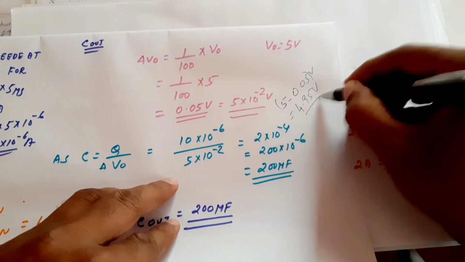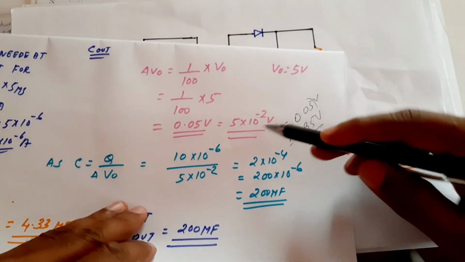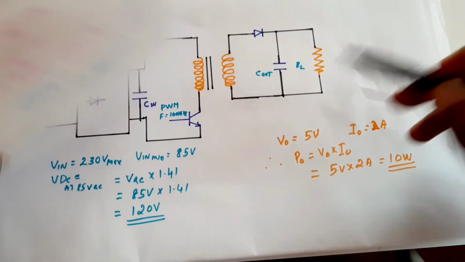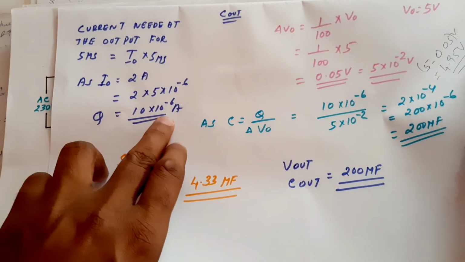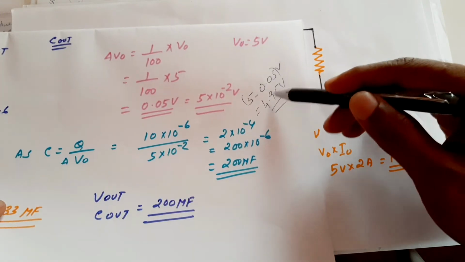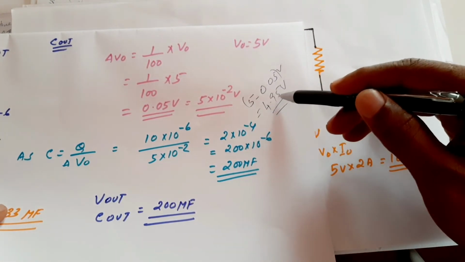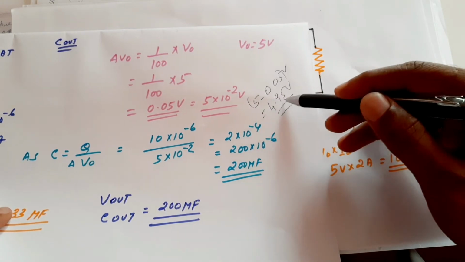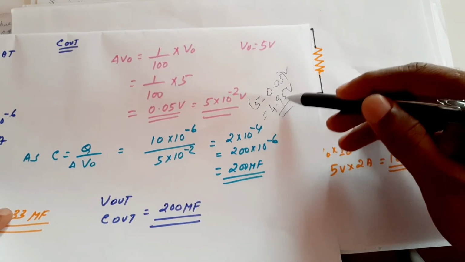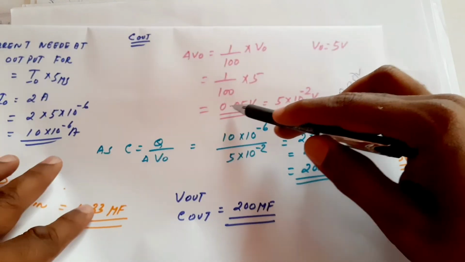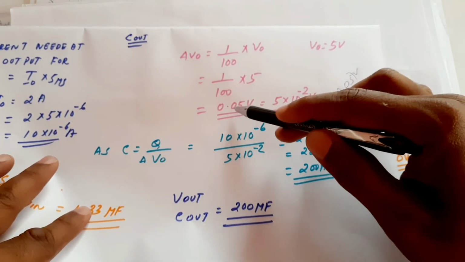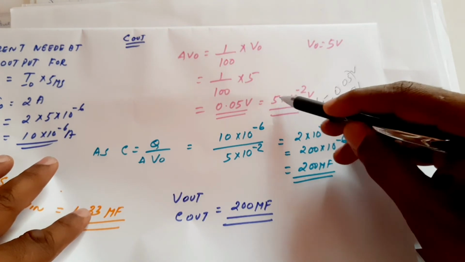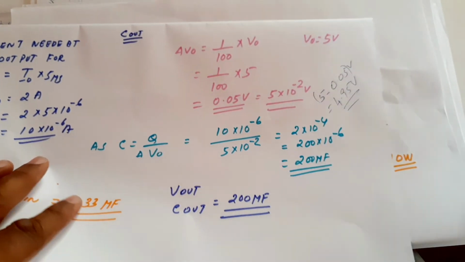When the capacitor delivers this charge, 10 microampere for 5 microseconds, its voltage is reduced from 5 volt to 4.95 volt. That means the change in voltage is 0.05, or 5 into 10 raised to minus 2 volt.